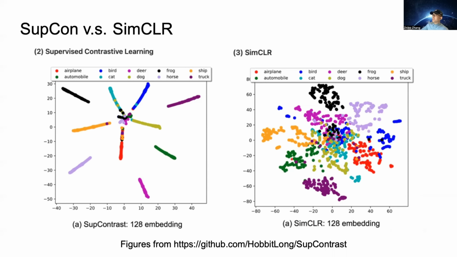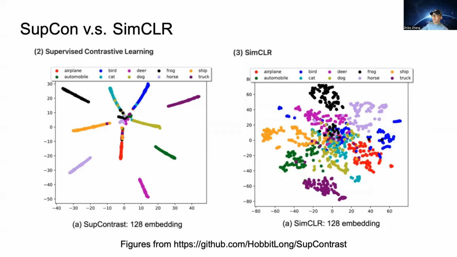There are also some very interesting results here. They show on their GitHub repo that if they compare the t-SNE embeddings between the supervised contrastive learning and the SimCLR models, with the projected representations of dimensionality 128, they find that compared to SimCLR, supervised contrastive learning models give closer embeddings within the same class and more distant embeddings among different classes.